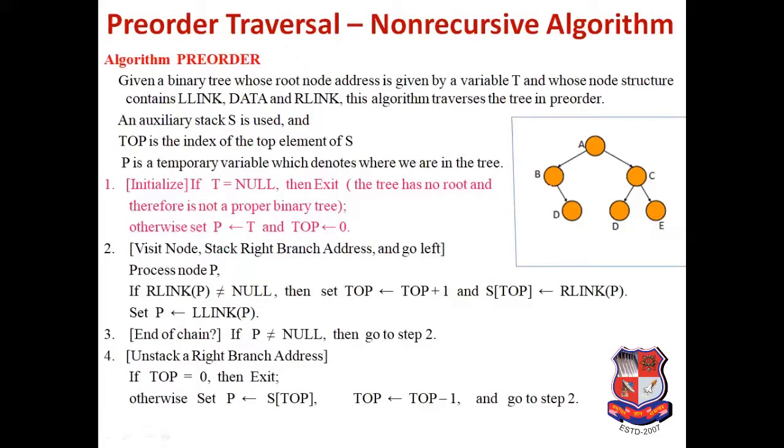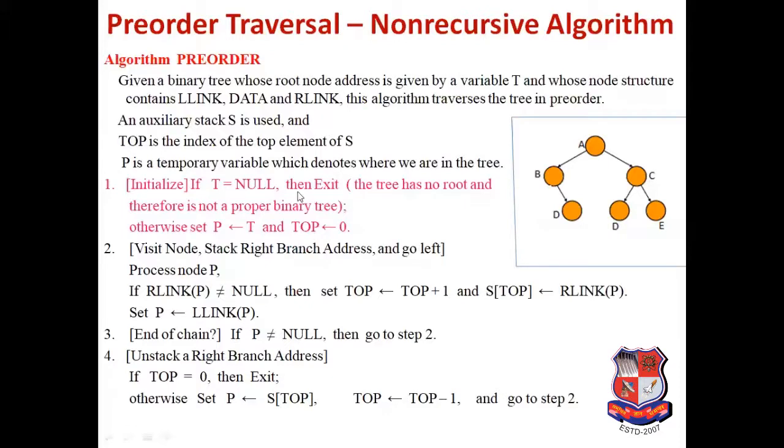Whether the tree has a node or not. If the tree has no node, in that case, there is no need to traverse. So we first check: if T is null, then we exit. Otherwise, we assign the root node address which is stored in T to P and initialize the stack by assigning the value 0 to top. This is our initialization.